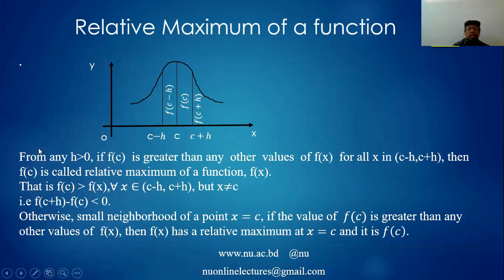My students, very interesting, for any h greater than 0, if f of c is greater than any other values of f of x for all x in the interval c minus h, c plus h, then f of c is called the relative maximum of a function.